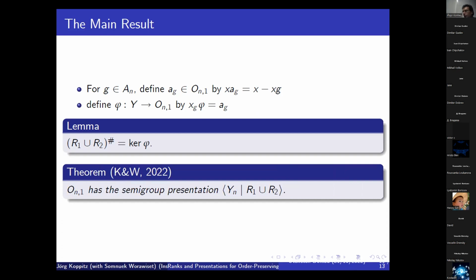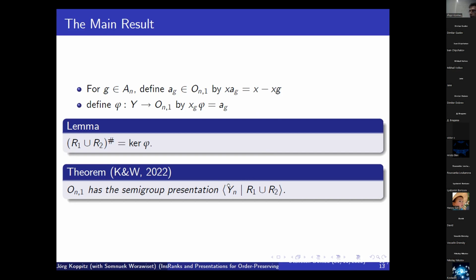And then we could find our second main result of our work, namely that ON1 has the semigroup presentation of Y and R. This set that we found is W. This N is not necessary here. This is only W, not Wn, and the set of relations.